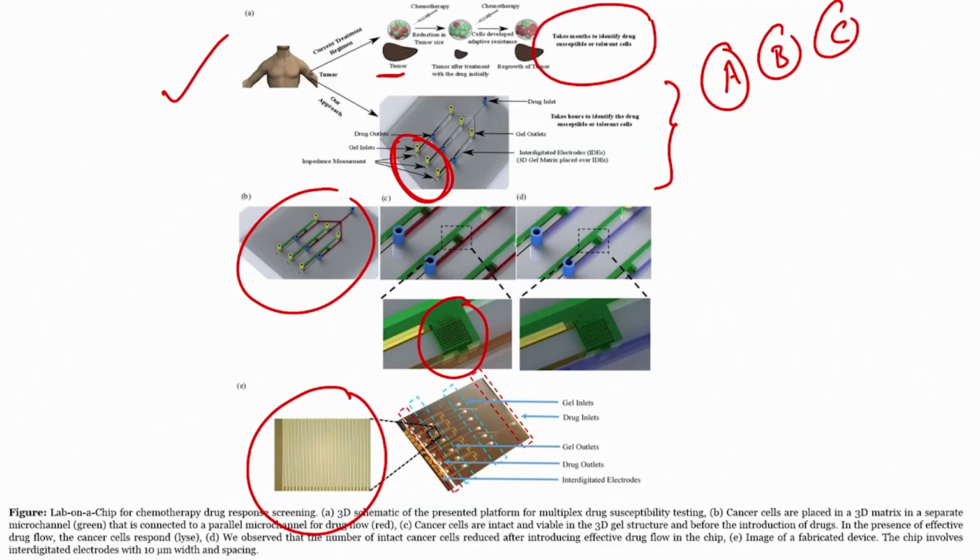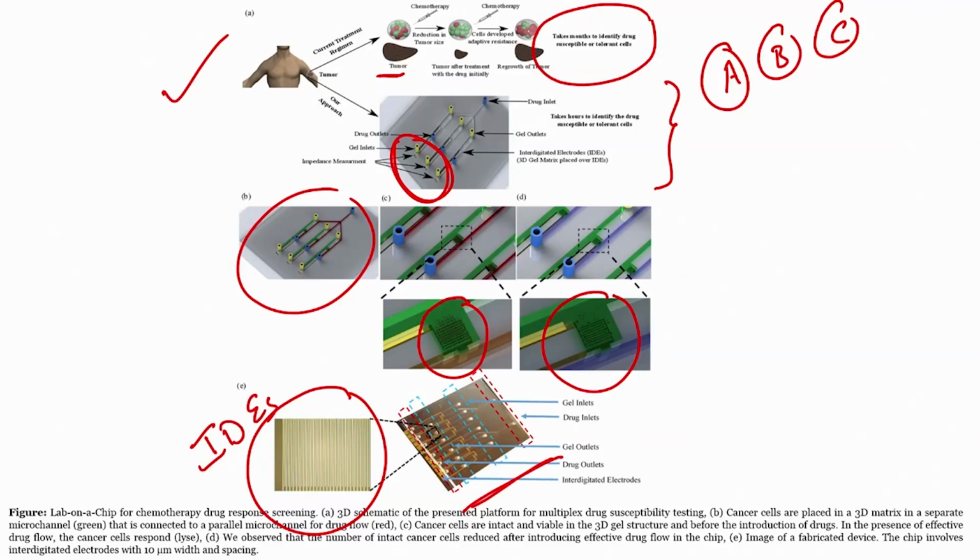D would be the number of intact cells reduced after introducing the effective drug flow. This is the actually fabricated device, and E is the interdigitated electrodes on the device.